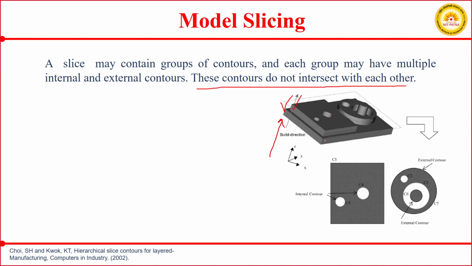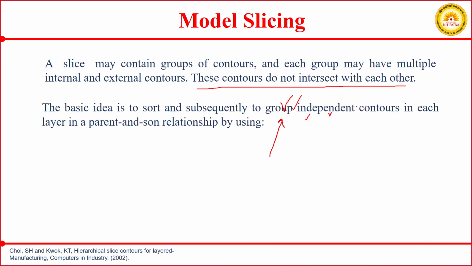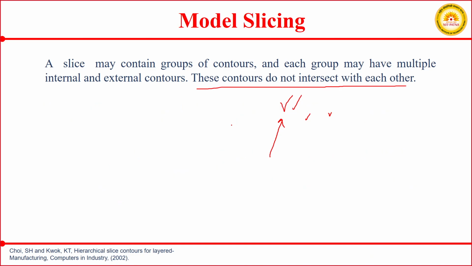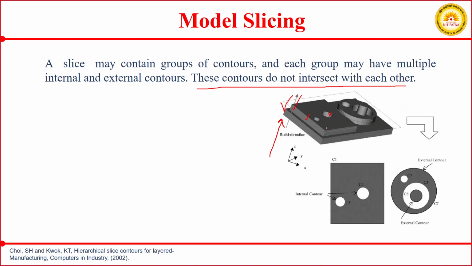Here you can see there is an external contour like this. Then there are some internal contours. Then again, on these internal contours, there may be external and internal contours. When we look along the build direction, there is a contour C1, which is a rectangular box.